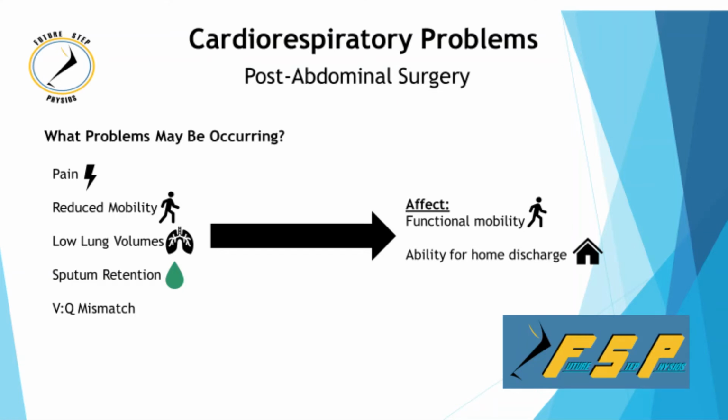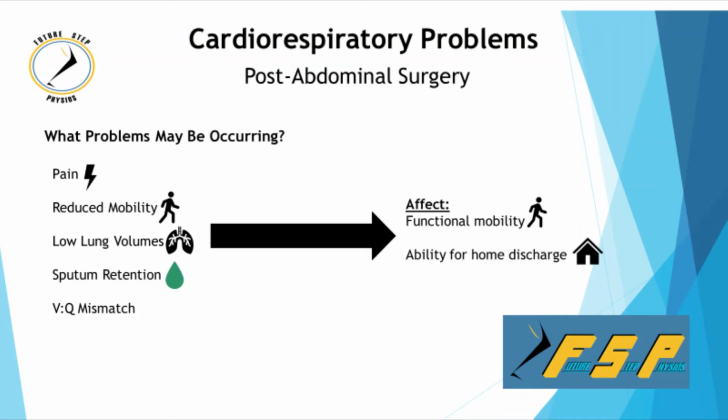The second problem may be low lung volumes, which can typically be assessed using auscultation on inspiration. Sputum retention could be another problem where we hear coarse crackles on auscultation also. We can also gain a clearer picture of the amount of sputum that the patient may be retaining just by asking them if they're able to expectorate sputum after the surgery and if this is different compared to how they were pre-surgically.